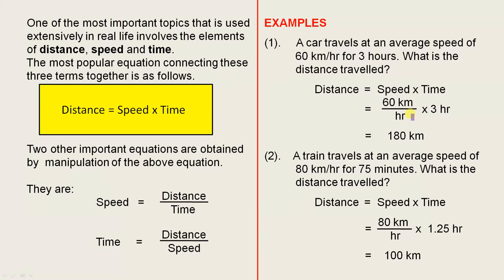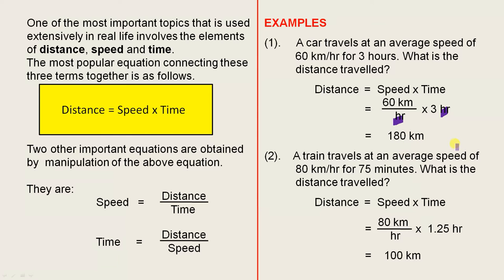So if you multiply 3 by 60, that gives you 180, and the hours cancel because that's like 3 hours over 1. So if you write that like an equation, 3 hours over 1, the hours cancel, and that's why you're just left with kilometres.